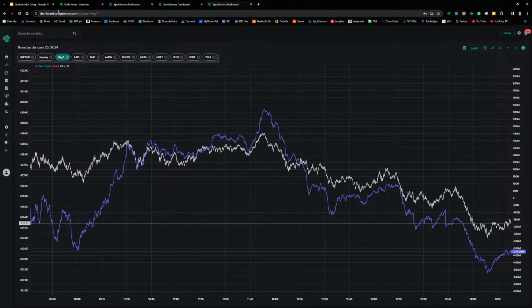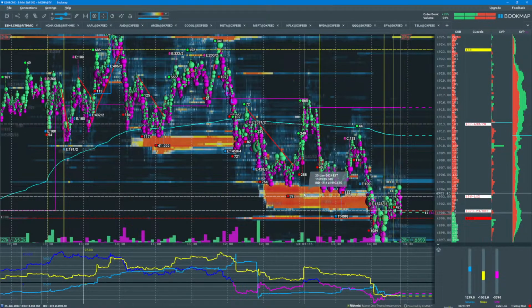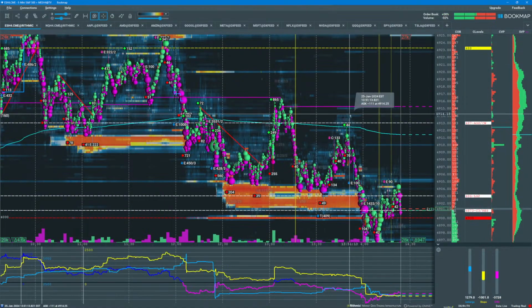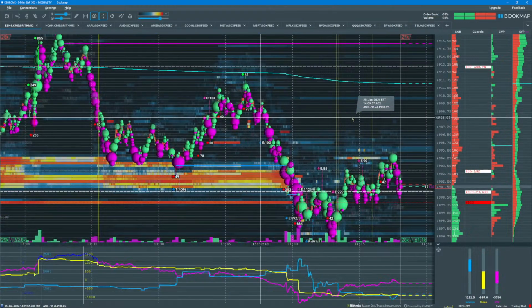All right, let's go back to Bookmap. All right, so what I see now is bearish. Let's zoom in on this a bit.